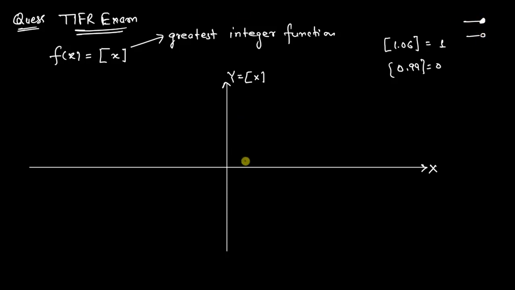So this function is represented like so. This 0 is included if I take it till here. This is point 1. Then I have a discontinuity. Then this point 1 is included when this is 1. Then again we have a discontinuity. So this is 2, and this is 2, this is 3.